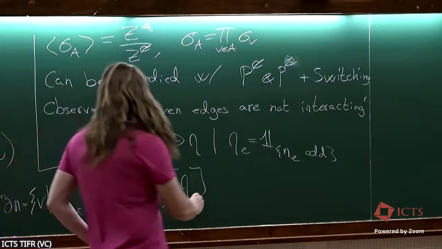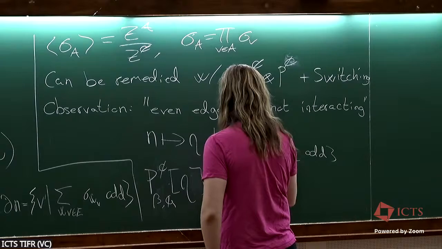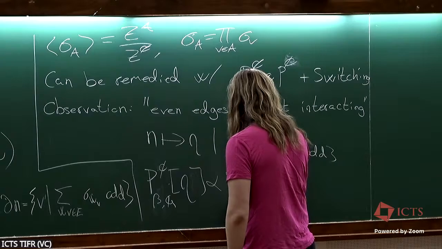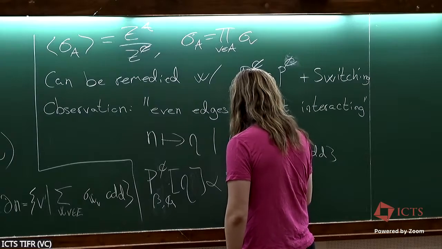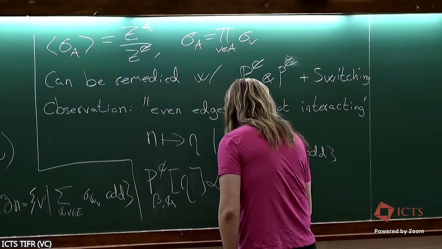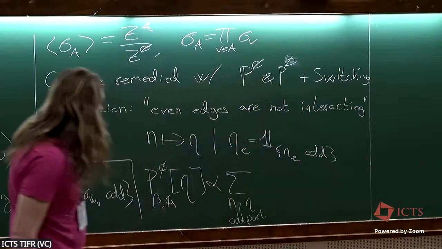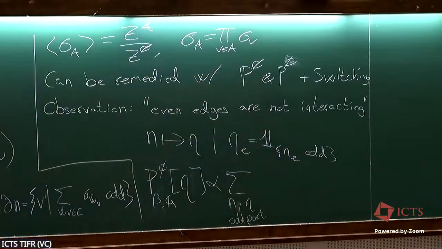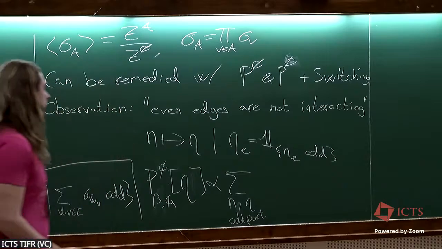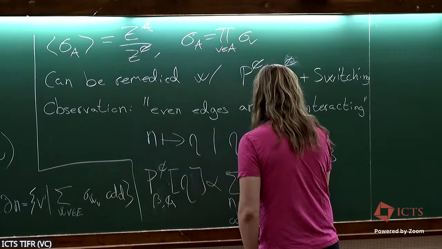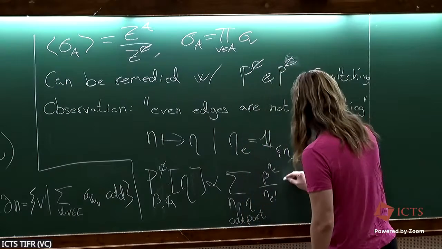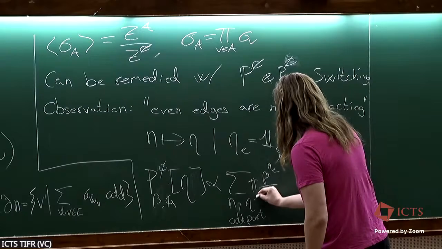So what's this probability? It's the sum over those currents for which this particular eta is the odd part. And what do you get then? Well, then you get beta to the n_e over n_e factorial, product over edges.